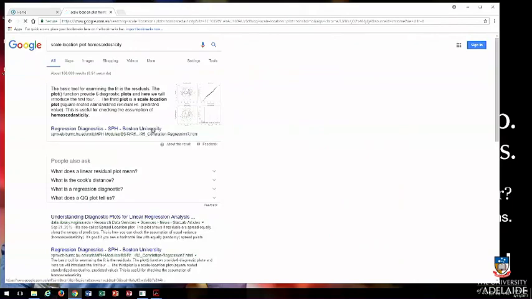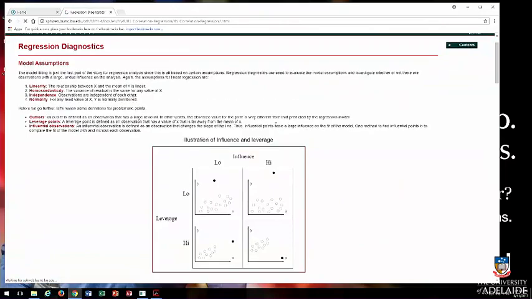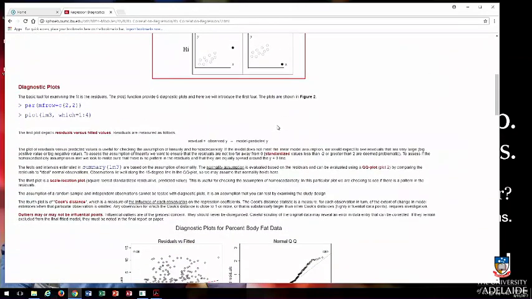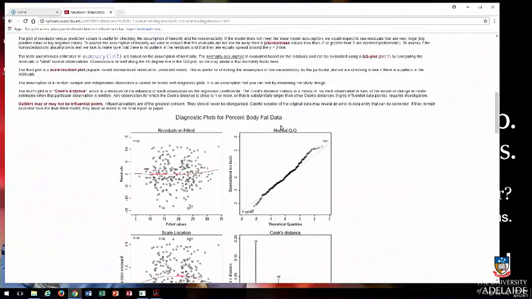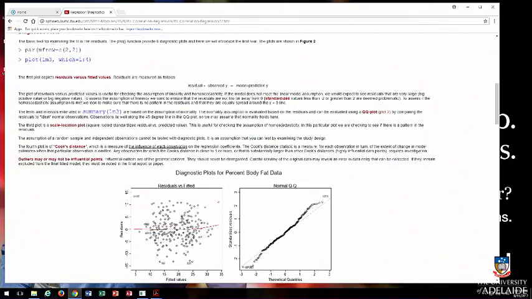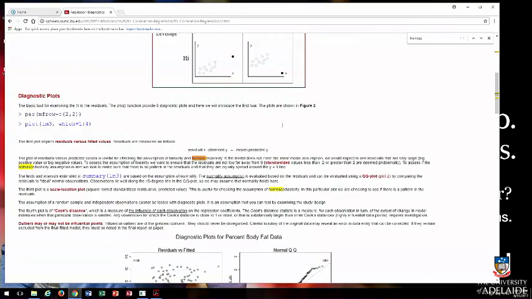I think it was something to do with you wanting to see a straight line across. We're just seeing if there's a pattern, so we just want random scatter.